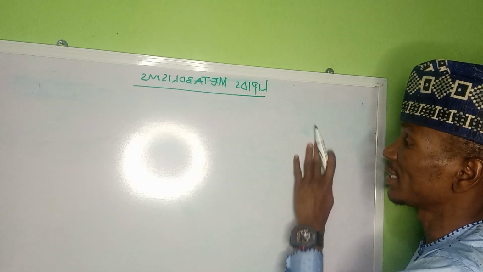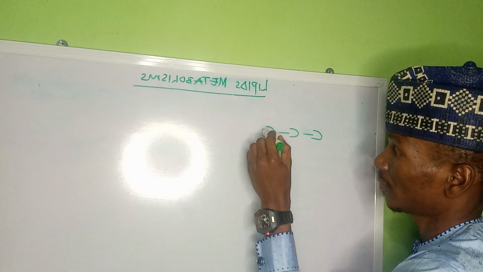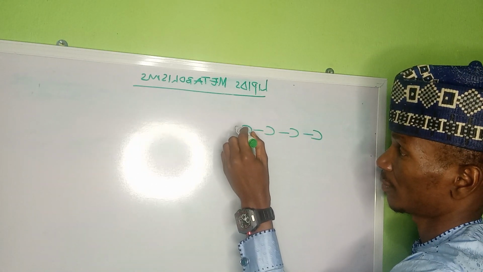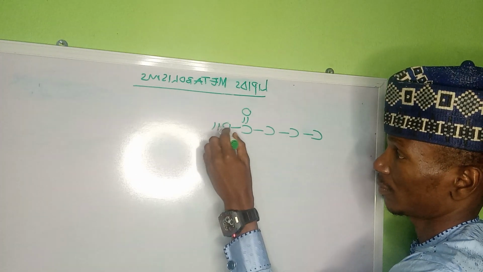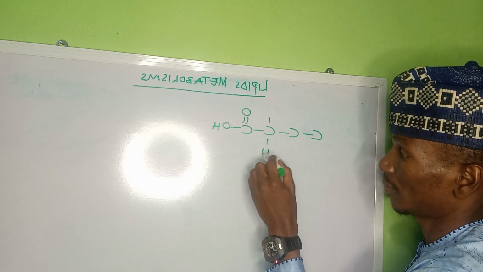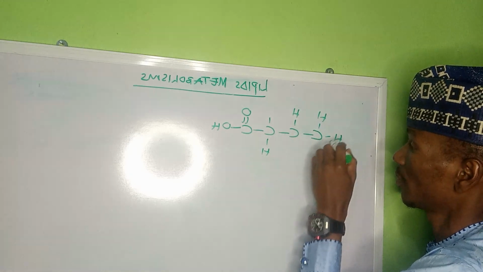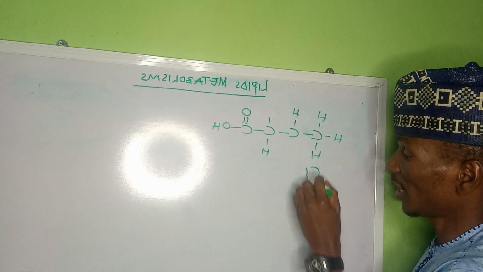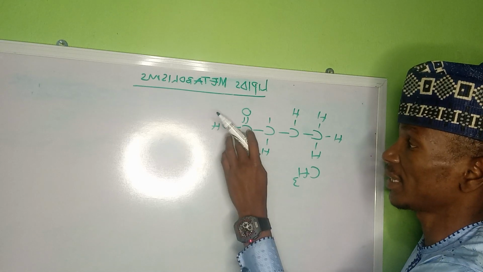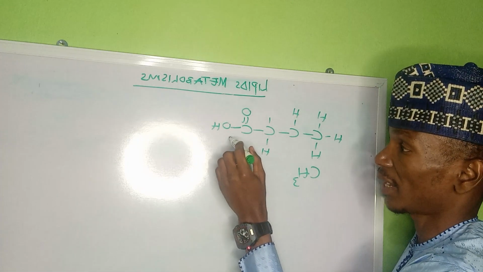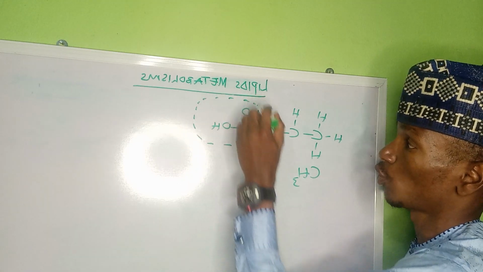If we can look at this carefully, this is CH3, that is the tail end of this fatty acid, and then this is the carboxylic functional group of the acid, that is the functional group of the fatty acid.